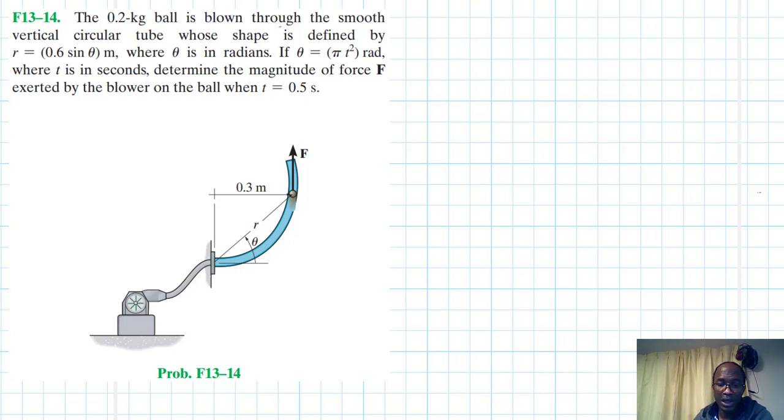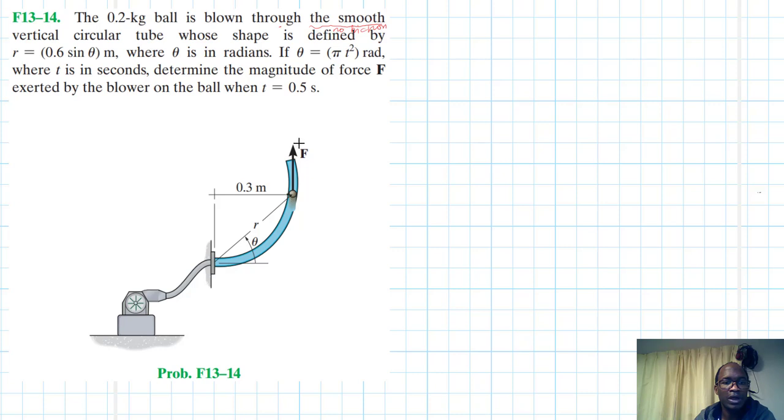Let's draw the free body diagram. Let's remind ourselves this is smooth, therefore no friction. So we have a blower here, and the blower exerts a force on this ball.